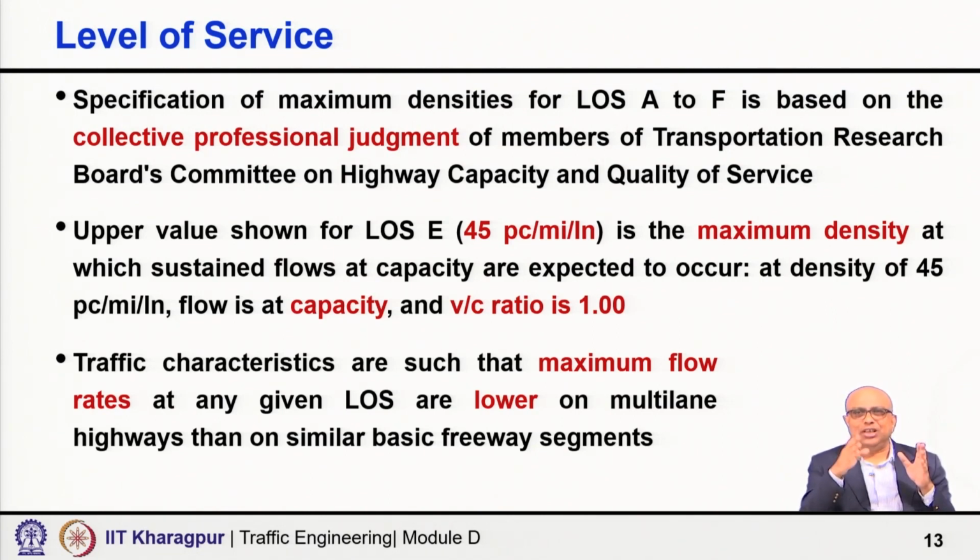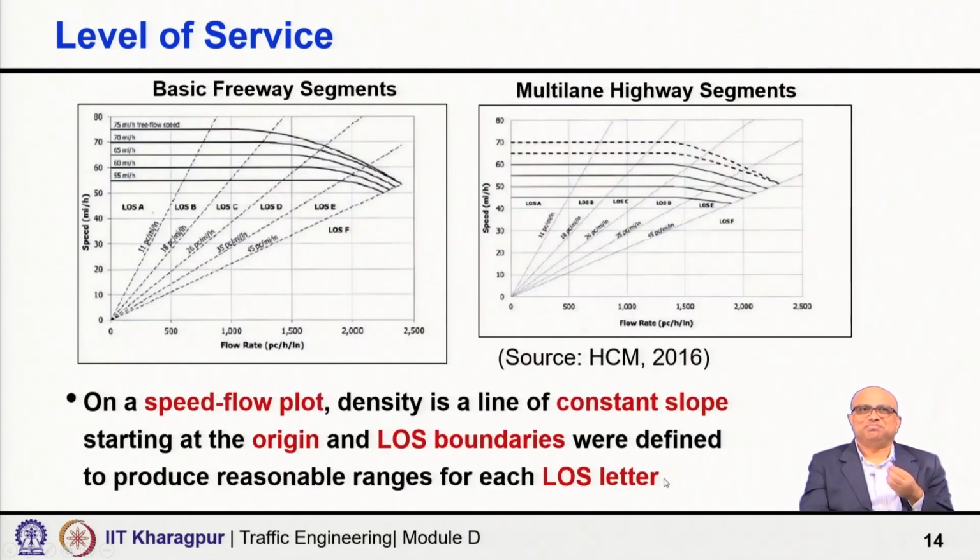But if you take the speed flow curve, you will always find that the maximum service volumes will be higher for a freeway segment as compared to a multi-lane highway segment. That is why this last statement is made: traffic characteristics are such that maximum flow rates at a given LOS are always lower on multi-lane highways than on similar basic freeway segments.